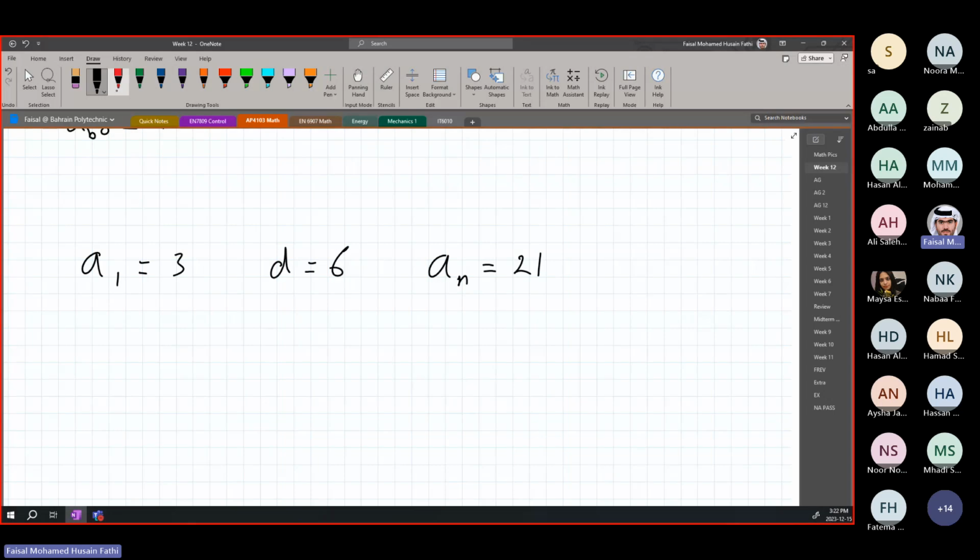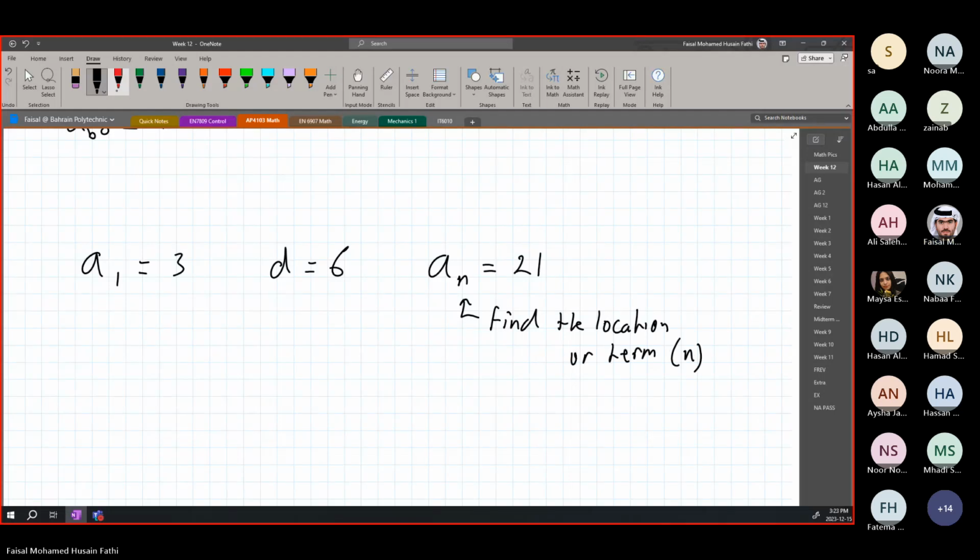Okay, so let's say an is equal to 21. And I tell you, what is this n? My question is, find the term, like find the location or term, the n basically.